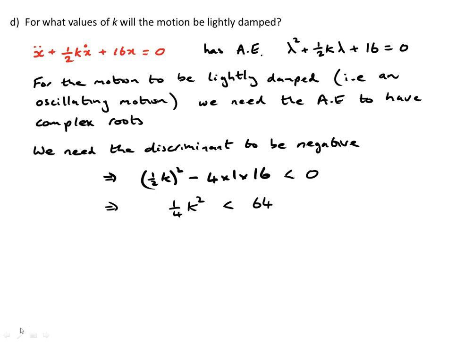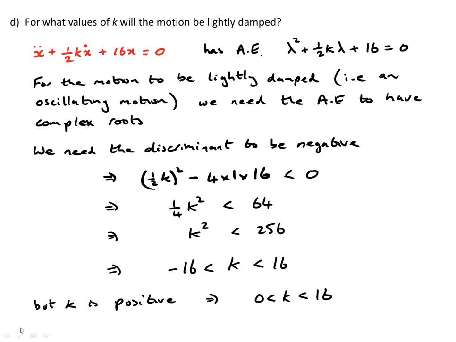In other words, a quarter k squared must be smaller than 64, or k squared must be smaller than 256, which means the value k must be between minus 16 and 16. However, we know from this question that k is a positive constant, so that tells me that for light damping I need to have k lying between 0 and 16.